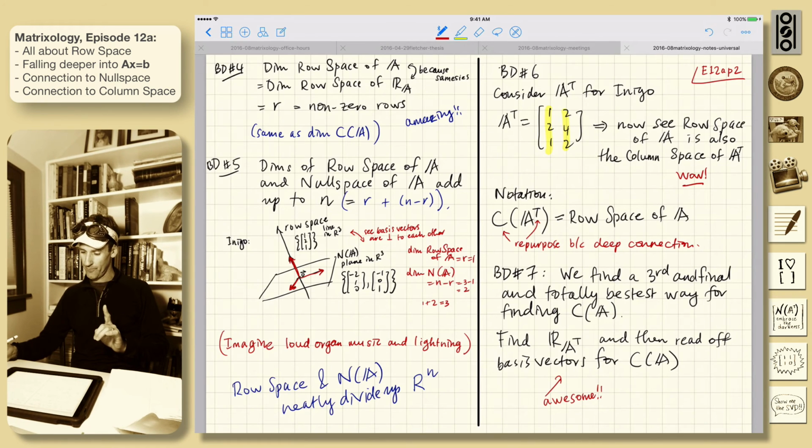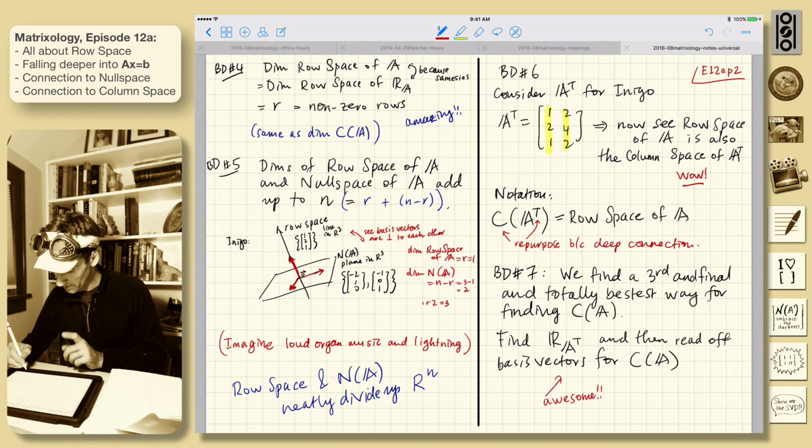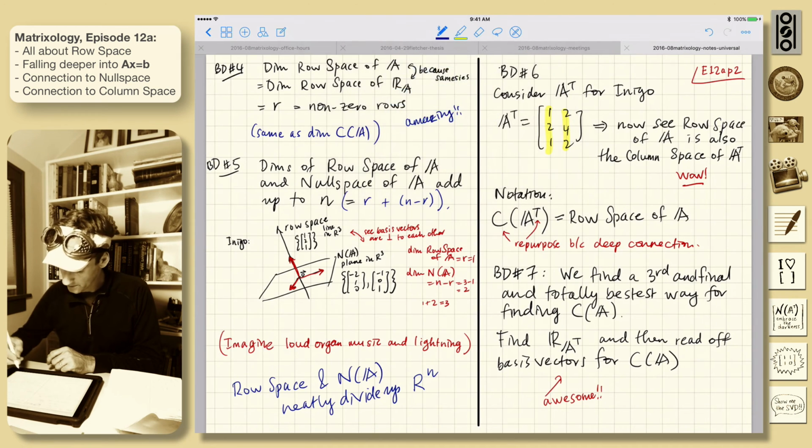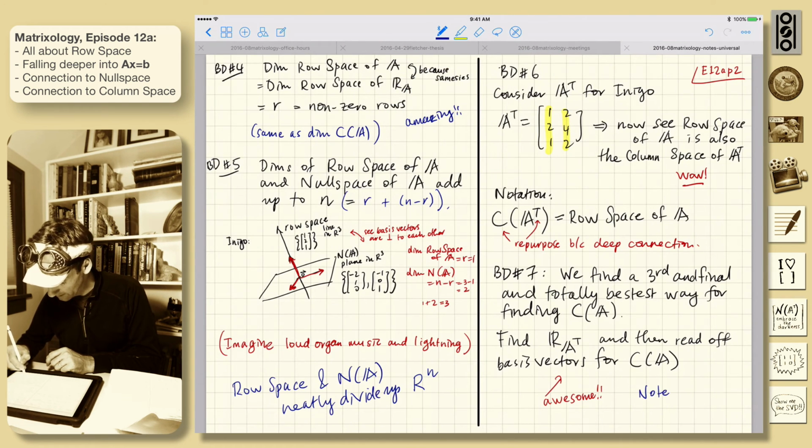Okay, so this gives us a reason now for finding the reduced row echelon form of A transpose. There's a deep meaning. I just want to make a very important note: this is not true, so don't do this.